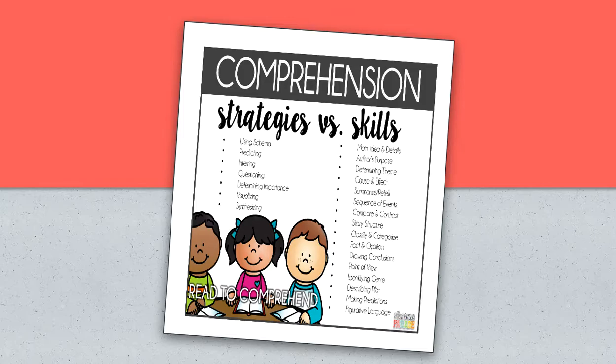So for strategies, you use your schema, you predict, infer, question, determine importance, visualize, and synthesize. So those are strategies. So skills within those strategies would be locating main idea and detail, author's purpose, cause and effect. These are all skills that you need in order to determine importance or synthesize information.